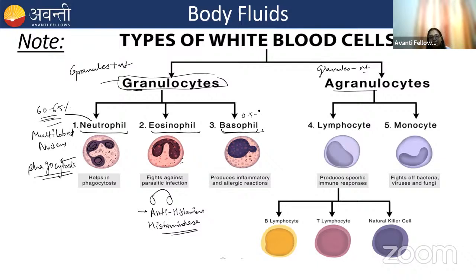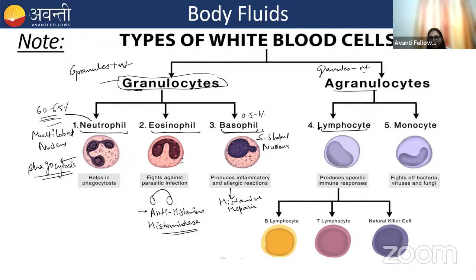Basophil is 0.5 to 1%. This is less in number. Okay, and they have an S-shaped nucleus. And the basophils release histamine and heparin.